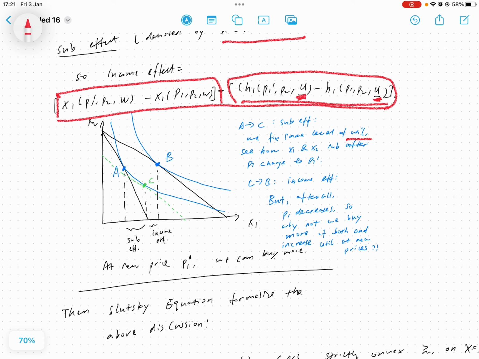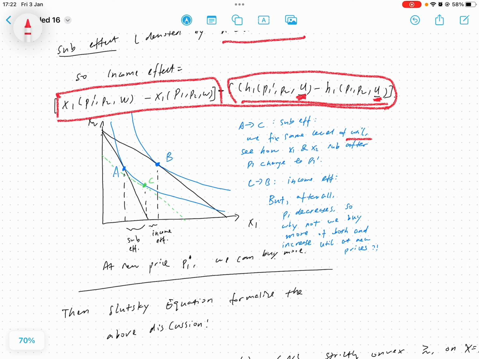Now we're thinking that since P1 decreases, we can buy even more of both goods, so that we can increase utility at this new price. When we shift this green dashed line, the new price line with the same slope, it is tangent to this upper blue indifference curve, which is higher than the previous one, right?